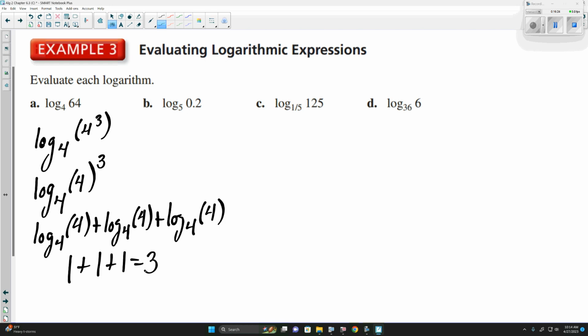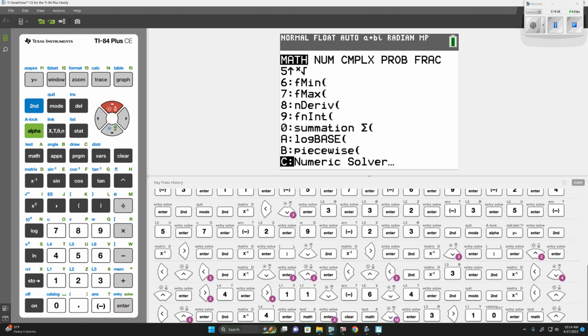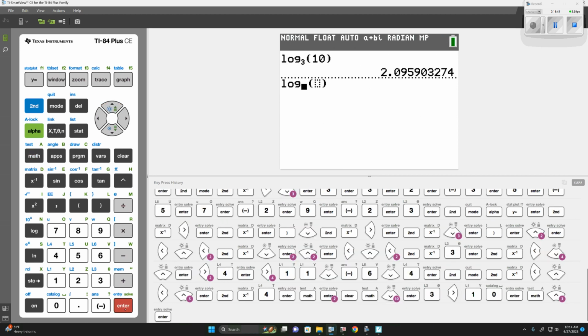Now, there are going to be ways that we can get to this, especially tomorrow when we talk about product, quotient, and power properties that will make these easier to work with. So it works out that log base 4 of 64 is 3. Now in the calculator, we can go math, log base 4 of 64 is 3.